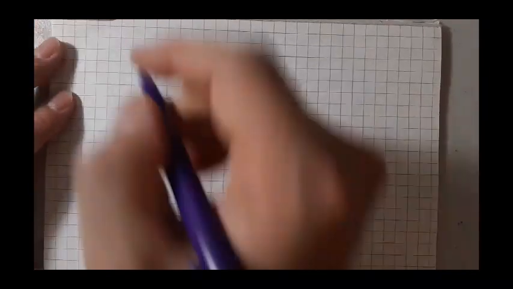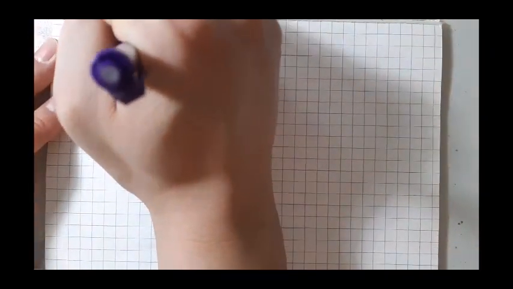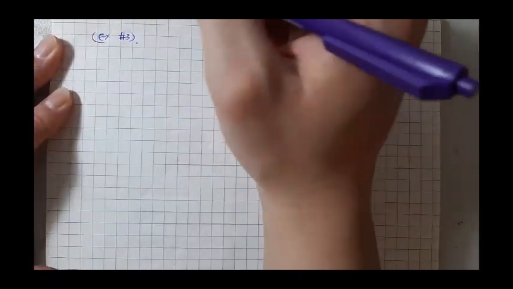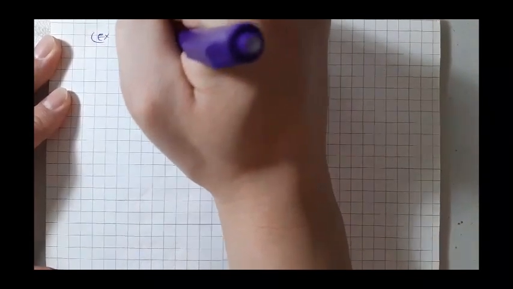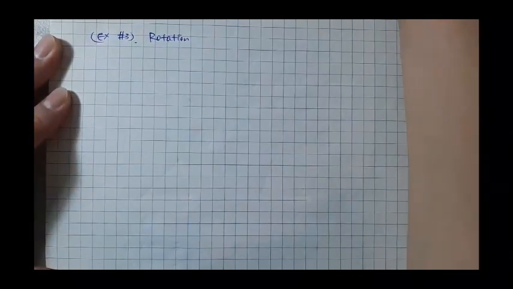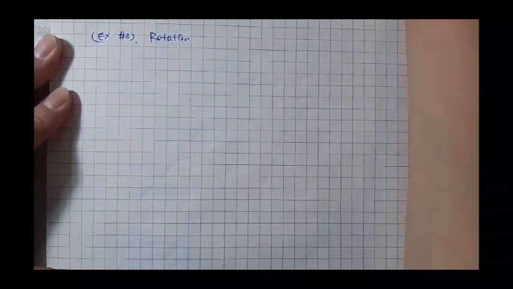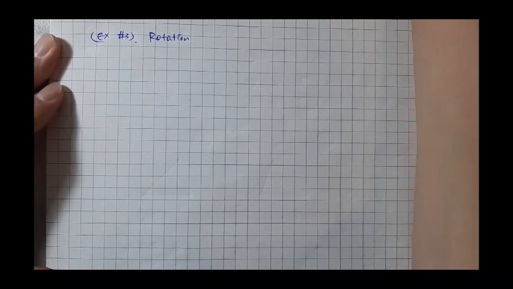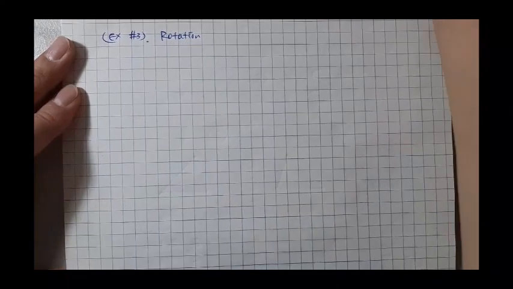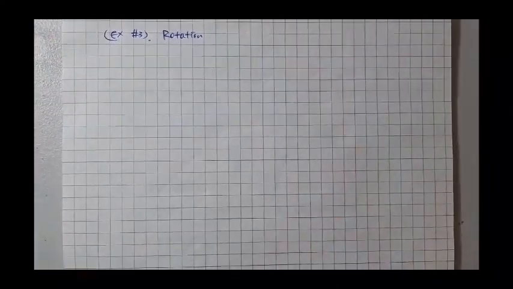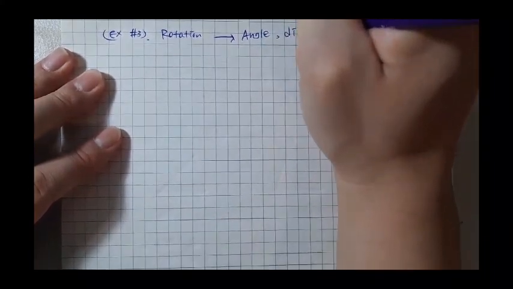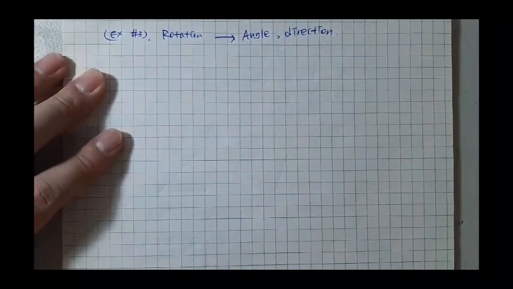Now my last, ladies and gents, type number 3, example number 3, if you will. That involves rotation. When it comes to rotation, a few things are required: angle and direction.